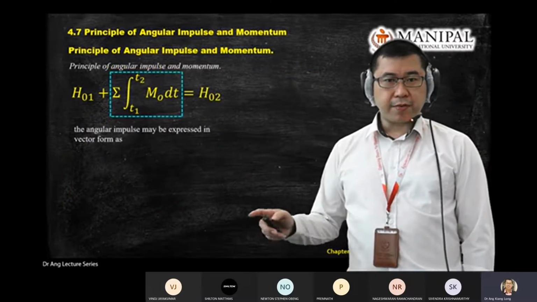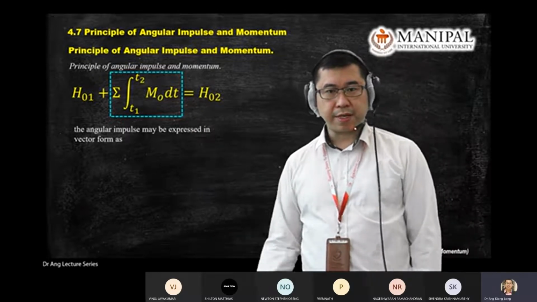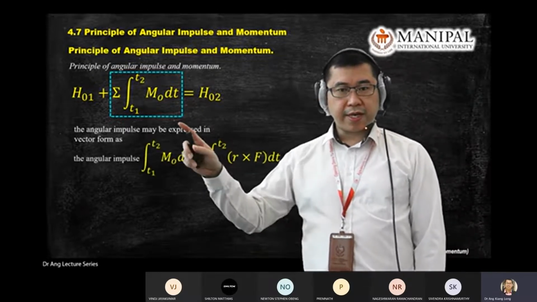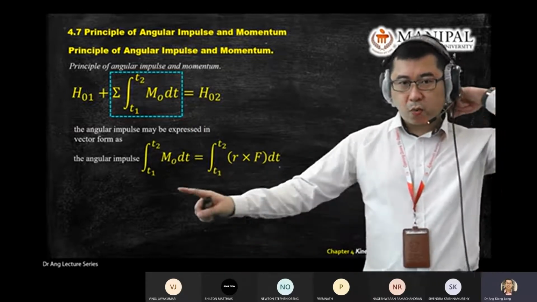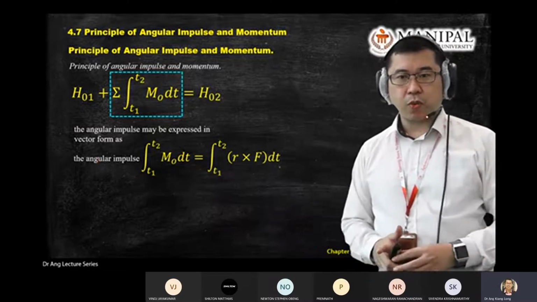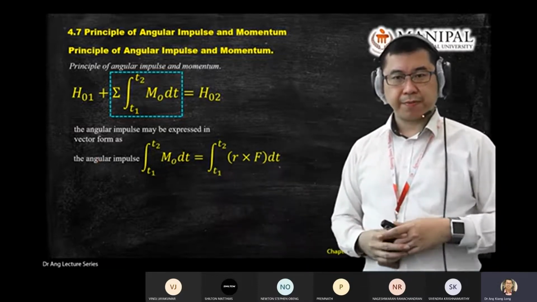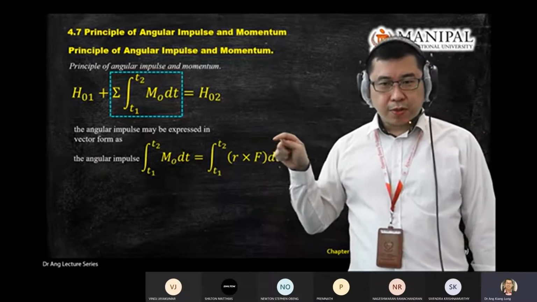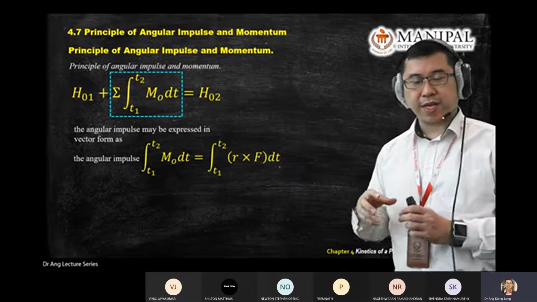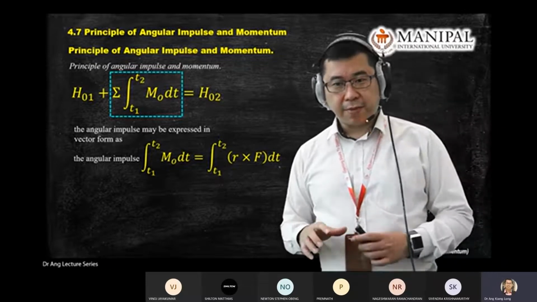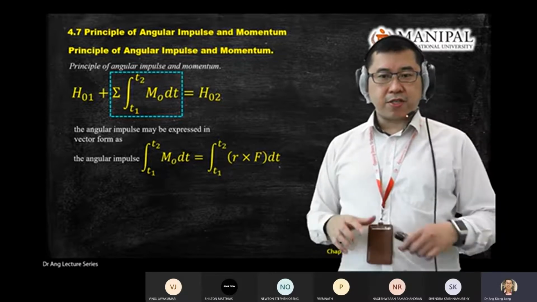So just explaining what is angular impulse here. You can write it in the vector form. Again, when do we use vector form? When the particle moves in the three-dimensional axis. You will need to use this when you study FEA, finite element analysis, and even high-level simulation.